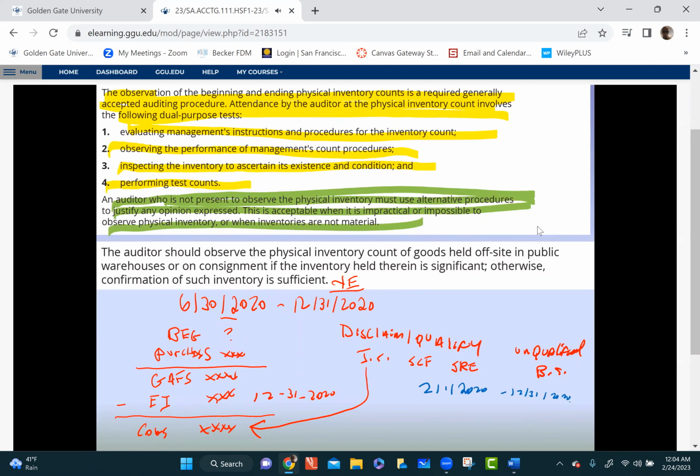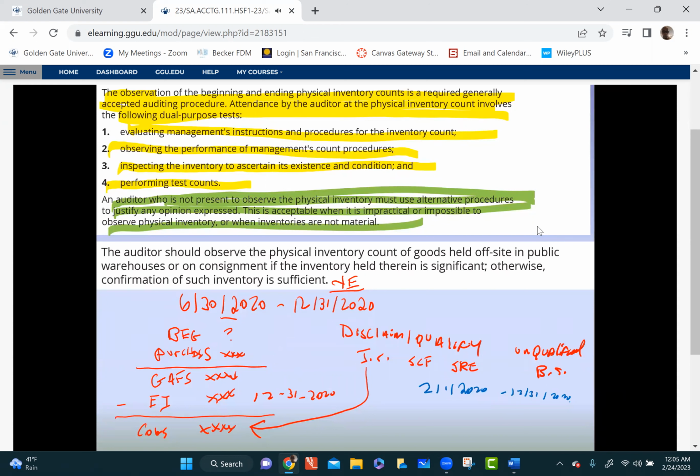Now under this situation, were you there to observe the beginning inventory? No, you still weren't there to observe the beginning inventory, so you're like, well, John, why are you bothering me with this again? Well, if essentially 1 month had elapsed in 2020, you might propose to the client, okay, let's take the inventory today.